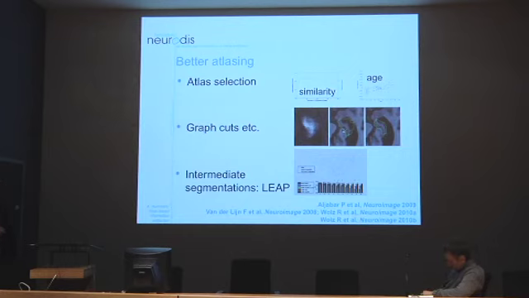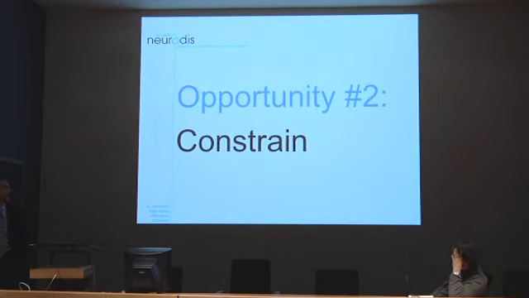You can use cleverer methods for determining the boundaries of your structures, like, for example, graph cuts, and a particularly elegant study called LEAP. We used the atlases to first segment brains that were structurally similar to the atlases, and then use the secondary atlases to create tertiary, quaternary, and so on atlases. This means that even the most abnormal brains could be segmented with near unchanged accuracy.